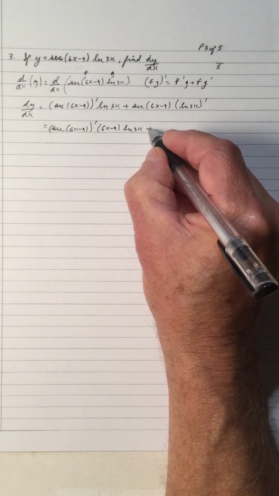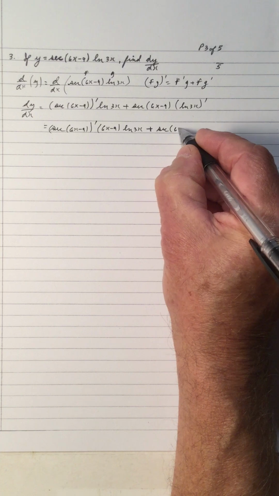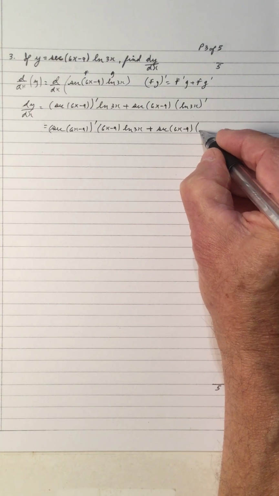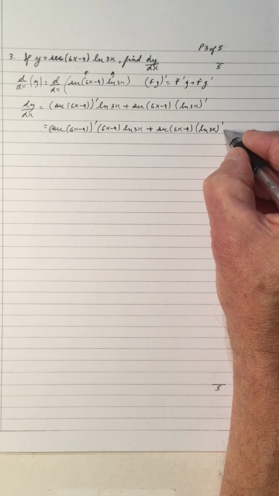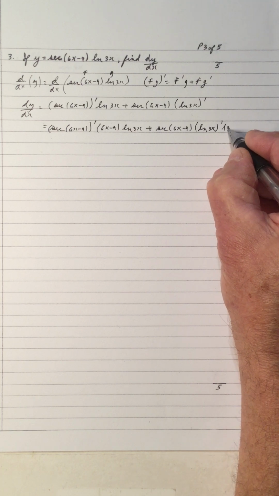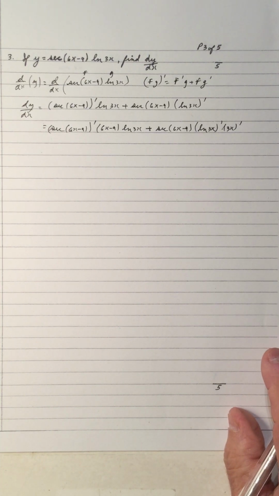Now I could have done this faster, but I wanted to show you. So this is the secant of 6x minus 9, and so this is the ln of 3x derivative times the derivative of the inside. So everything is going okay.